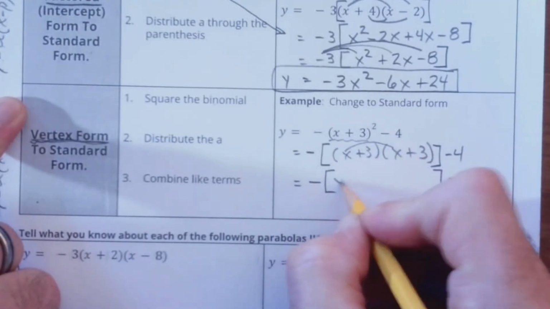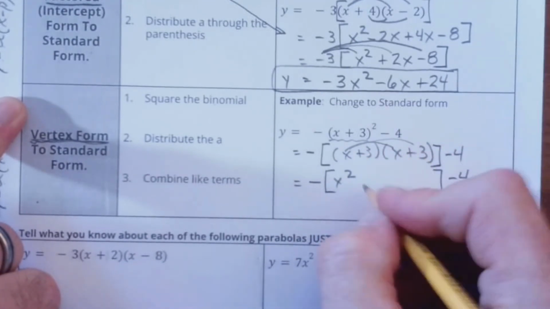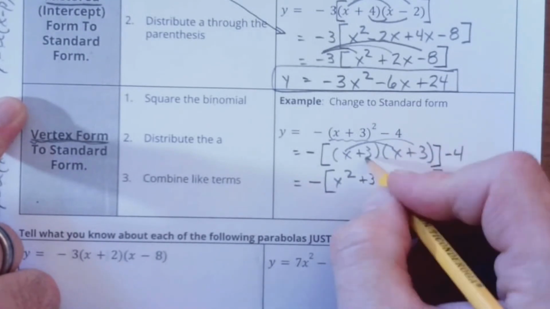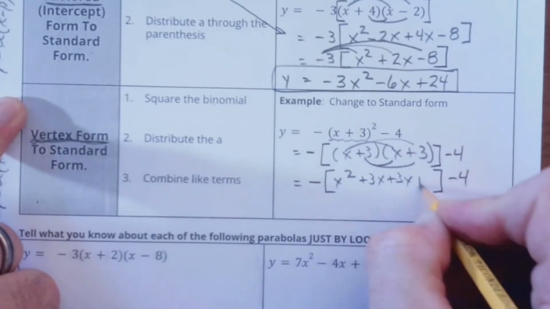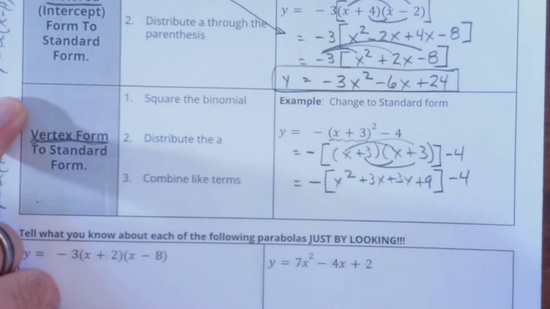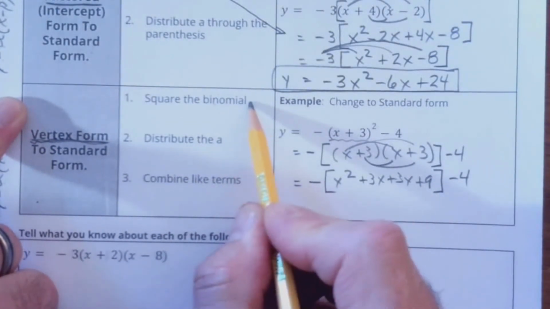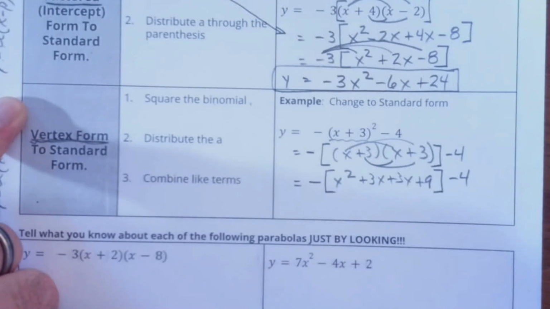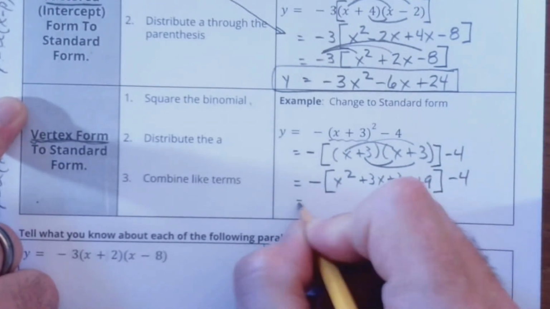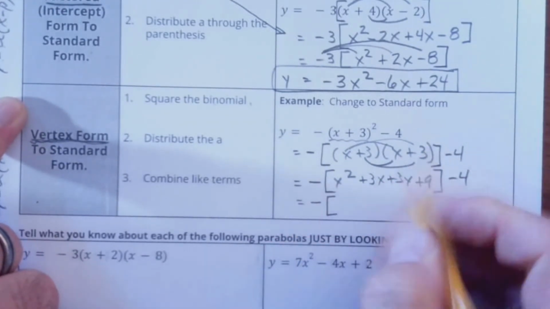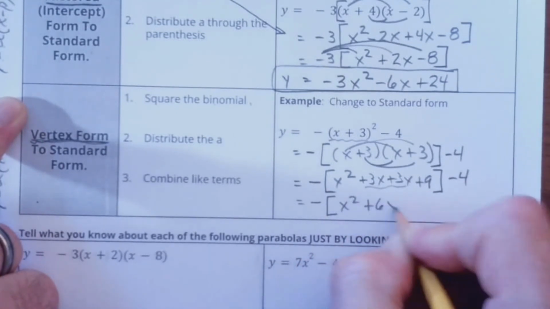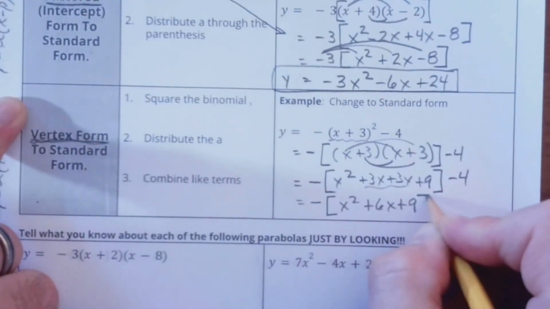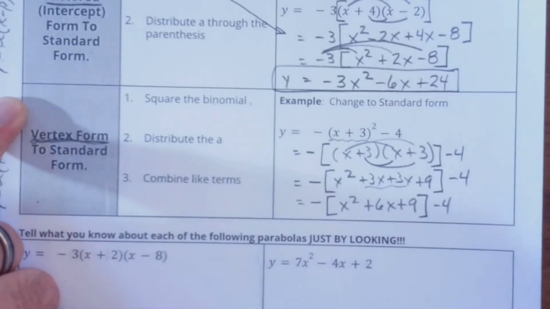We would have x squared, 3x, plus 9. So that's that part. Oh, it's actually not done yet because we need to combine the like terms. So x squared plus 6x plus 9 minus 4.